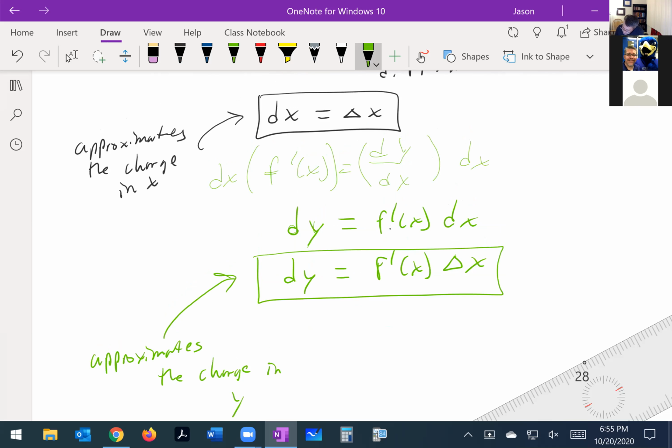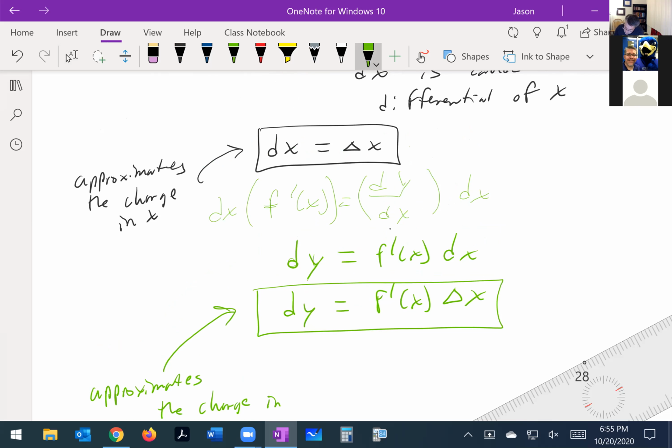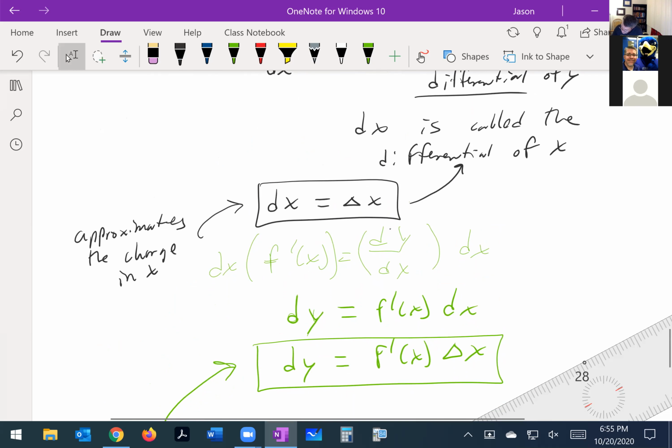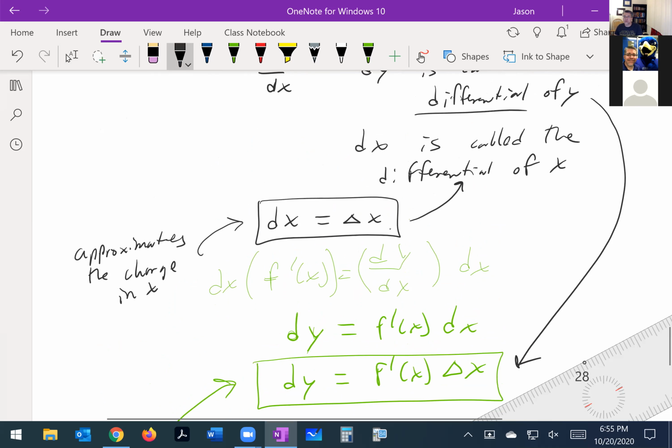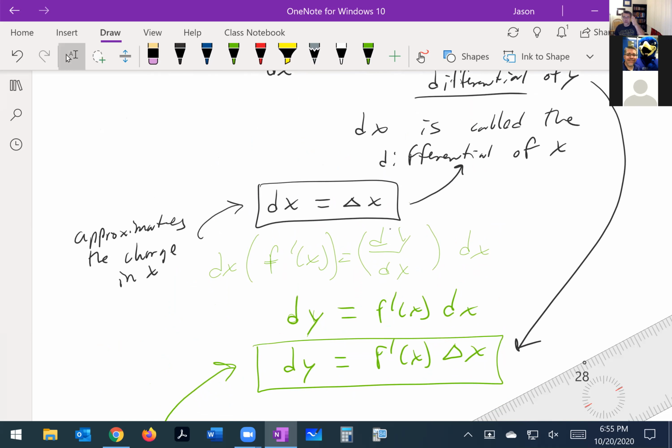This is the differential of x, and this guy is the differential of y. So dx is equal to delta x, dy is equal to f prime delta x.